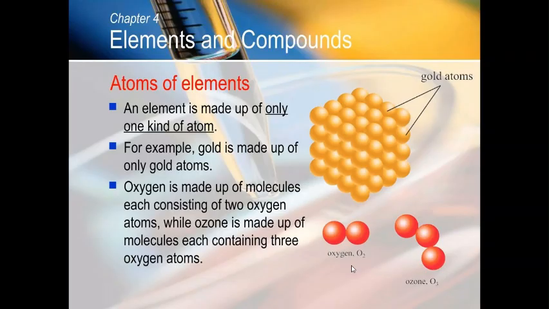For example, gold is made up of only gold atoms, and the same goes for diamond. However, oxygen is made up of molecules each consisting of two oxygen atoms, while ozone is made up of molecules each containing three oxygen atoms. If you take a look at the diagram, we see gold atoms, oxygen and ozone.